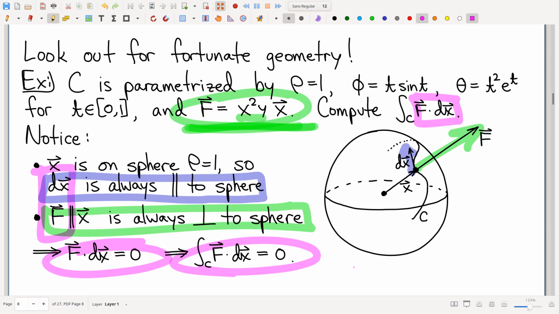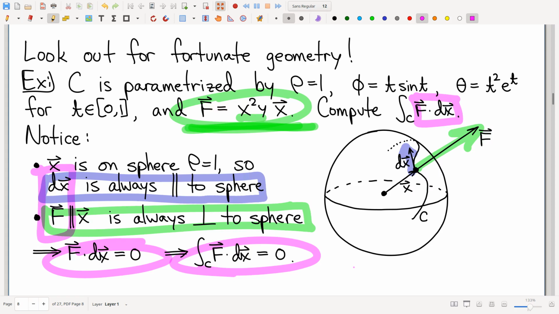So I encourage you to always be on the lookout for this kind of thing, right up there with symmetries, which are massively convenient. You save tons of time. Likewise, geometric good fortune doesn't come up with every integral, obviously, but if it comes up often enough, it's well worth keeping an eye out for.